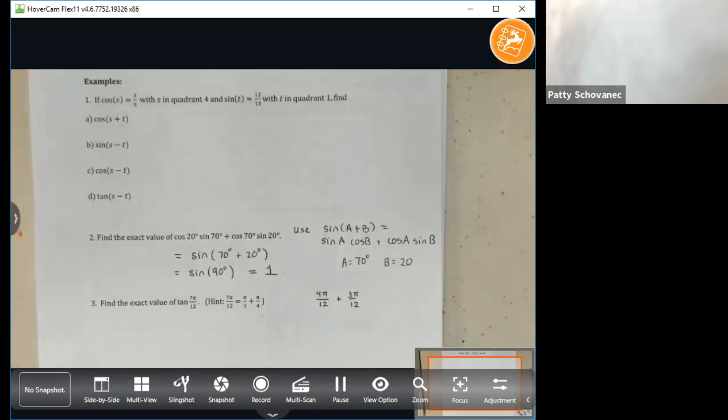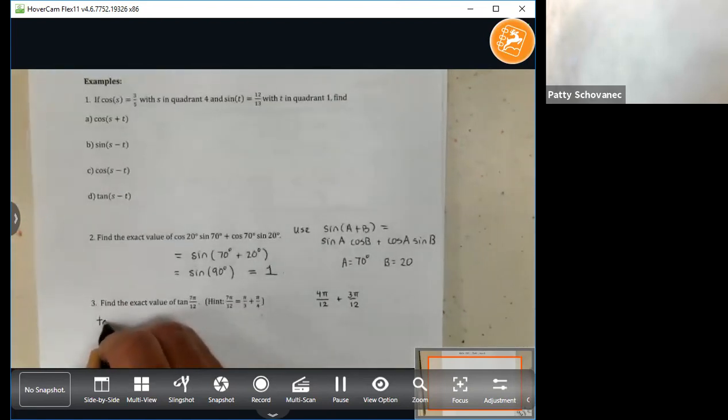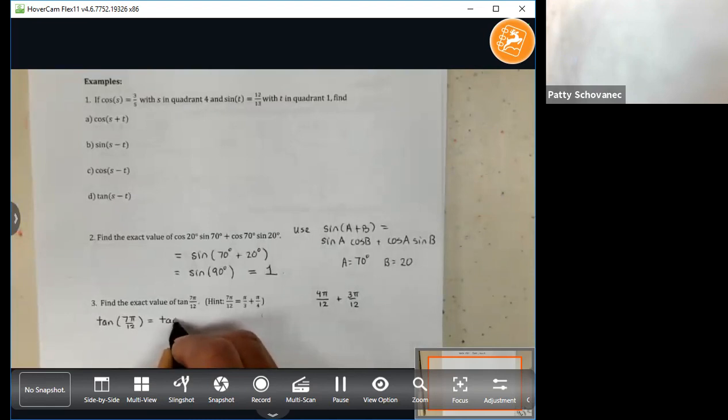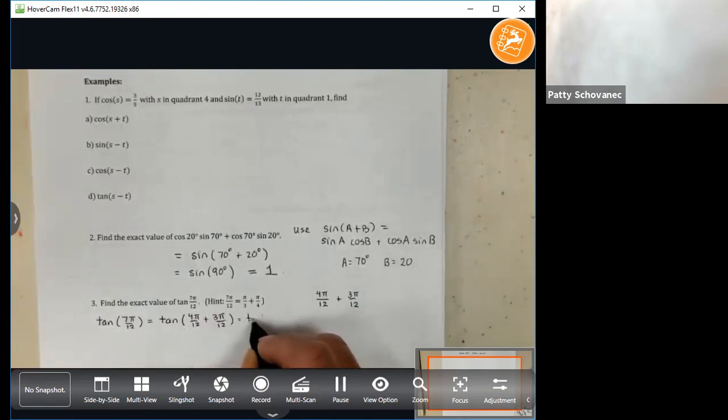So that says in order to find the tangent of 7 pi over 12, just write that as the sum of 2 known angles. Write that as the tangent of 4 pi over 12 plus 3 pi over 12. And from the hint, those simplify to pi over 3 plus pi over 4.